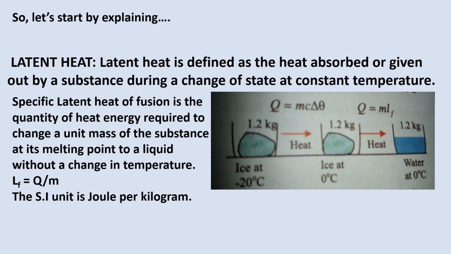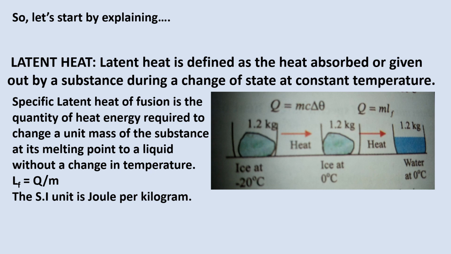Mathematically, L subscript F, which is your specific latent heat of fusion, is equal to Q divided by mass. From there, you can derive your SI unit to be joules per kilogram.